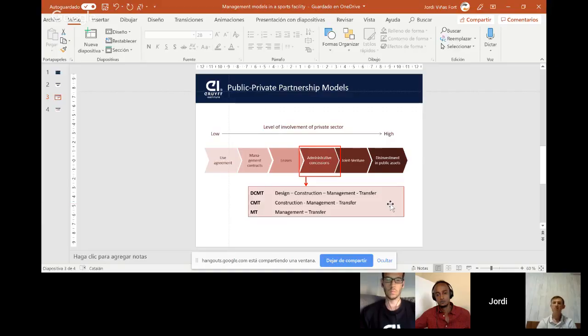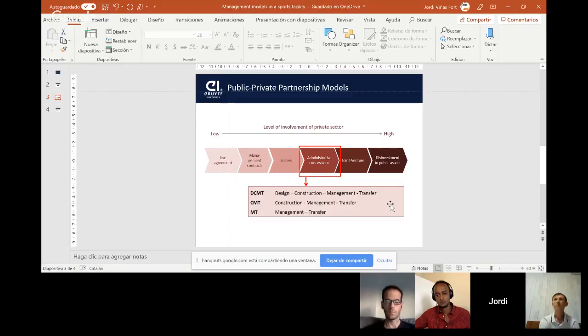So the company will hire some architects and they will design the facility. They will hire a construction company to construct the facility itself. And finally, since they are a management company, they will manage the facility during, I don't know, 20 years, 30 years, 50 years. Yeah. This would be the biggest, or the largest in scope, model.